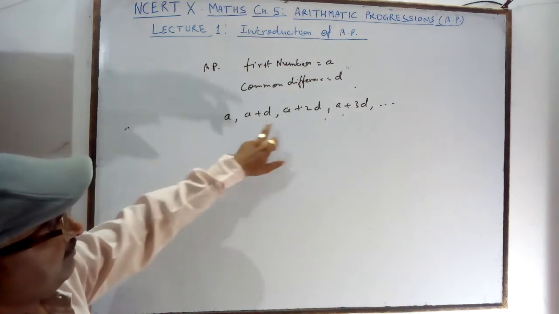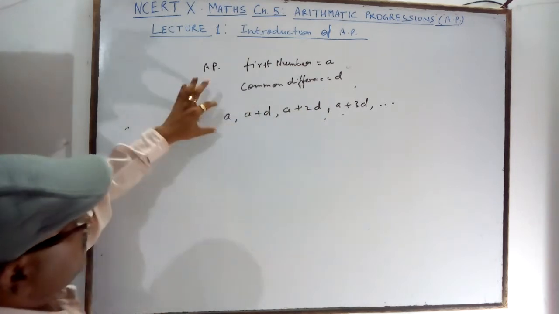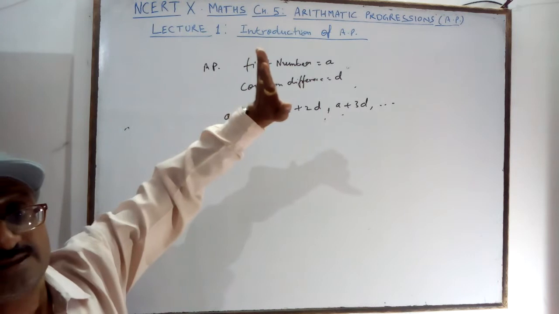First term, second term, third term. First term is A, second term is A plus D, third term is A plus 2D. In the first term we do not add anything.